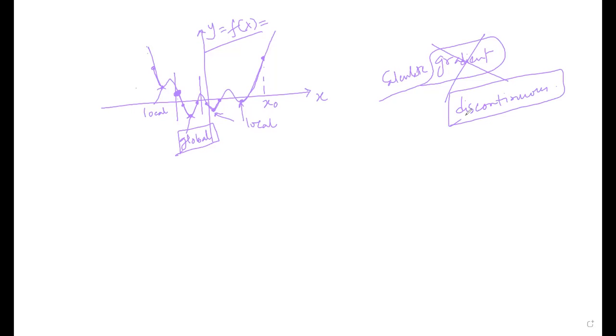So if your function itself, function f of x, is discontinuous or non-differentiable, it means you actually cannot get the gradient. So in those cases, you cannot apply the gradient descent algorithm. You got the idea? Yes, sir. But otherwise, it is a pretty good technique.